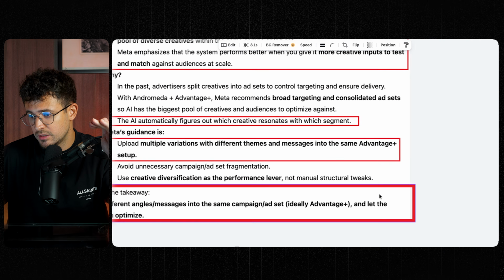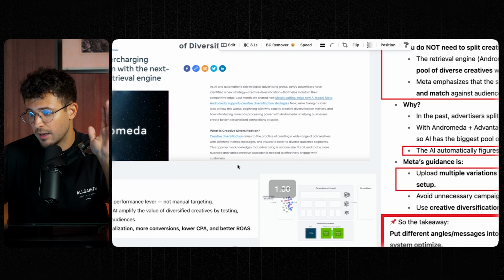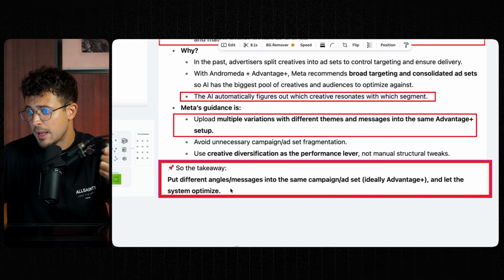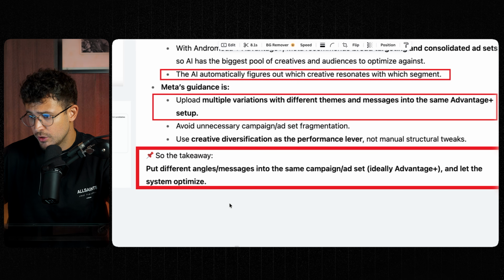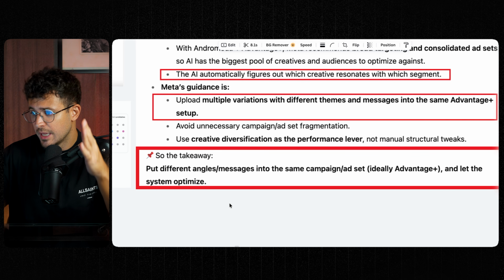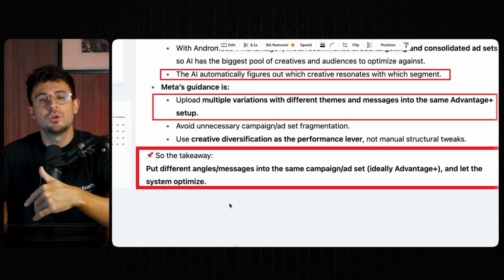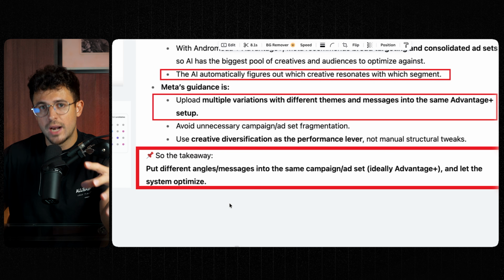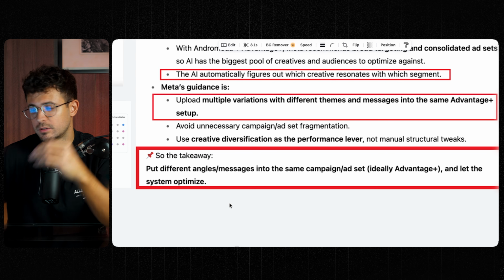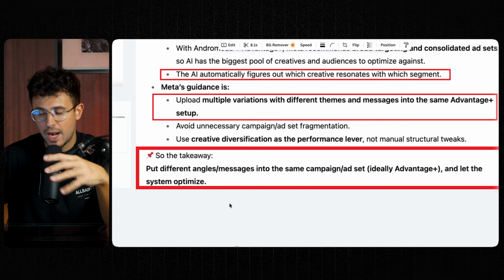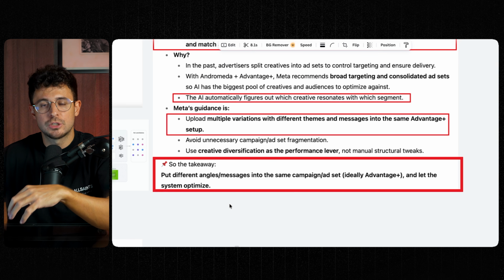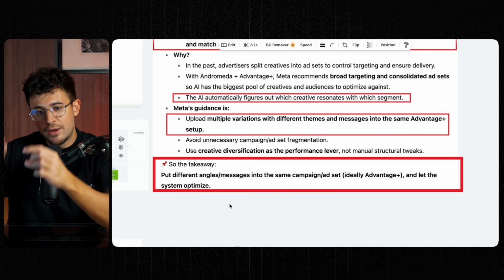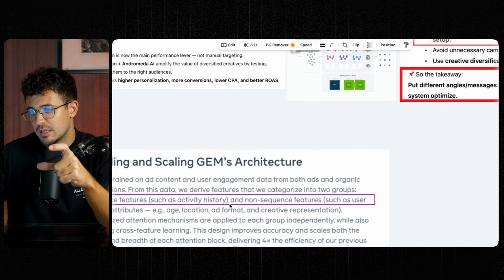I know you probably heard about this already, so I'm going to be super quick. The main takeaway from the entire Meta Andromeda article is that, of course, you need creative diversification, but basically you need to use different angles and messages in the same campaign. There is no need for you anymore to use a different campaign or different ad set with different angles for different ads, because the system is actually going to optimize ads in different types of sequences and optimize the actual targeting within the ads itself.